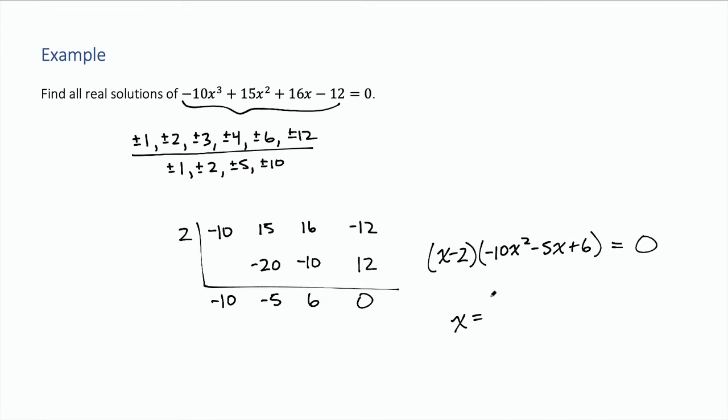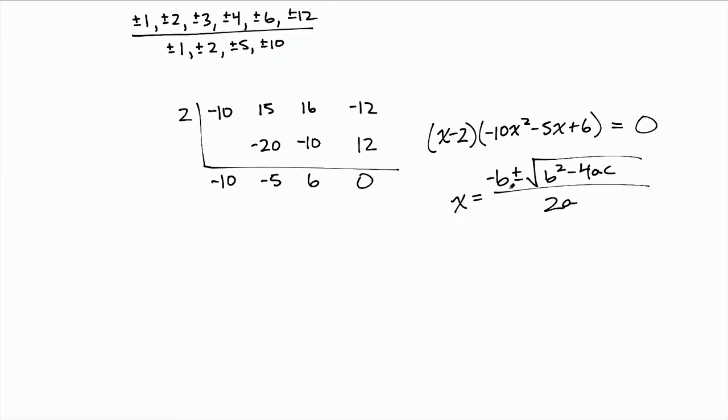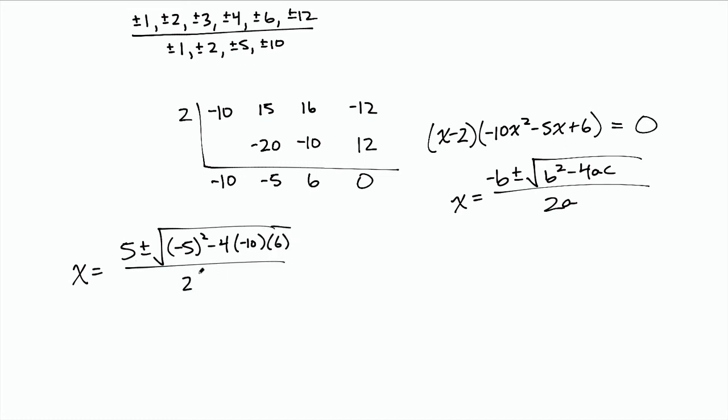Our quadratic formula, x equals negative b plus or minus the square root of b squared minus 4ac over 2a. And now we go ahead and just plug all that in. So negative b is 5 plus or minus the square root of negative 5 squared minus 4 times negative 10 times 6 over 2 times negative 10.